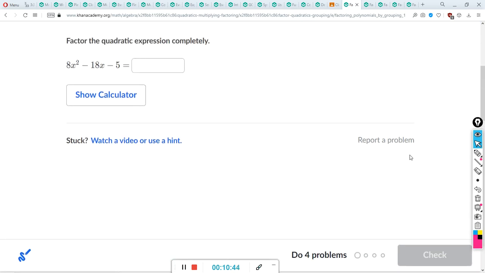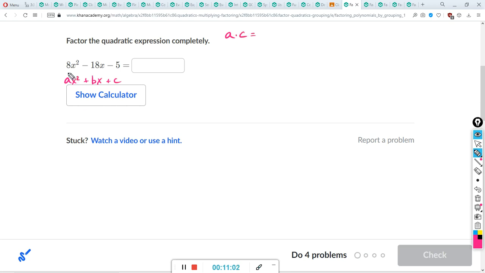All right, one more. So this is ax squared plus bx plus c. All right.